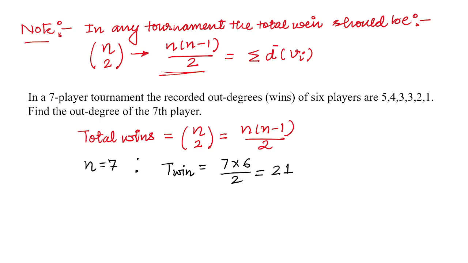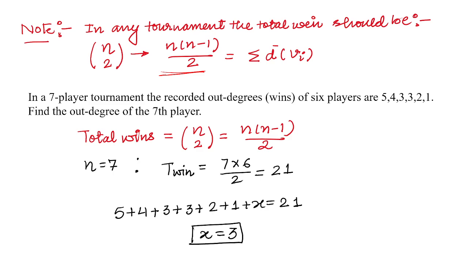And the 6 players have won 5, 4, 3, 3, 2, 1. So how many matches does the 7th player win? Let's say it is X. So add them up, and that addition should equal 21. Then you can very easily evaluate X. So if you solve, X will come out as 3. So the 7th player has won 3 matches. That is, the out degree of vertex 7 is 3.